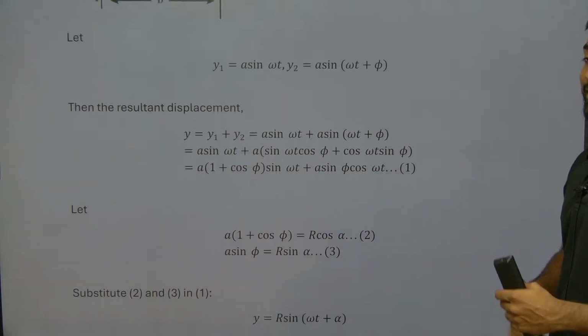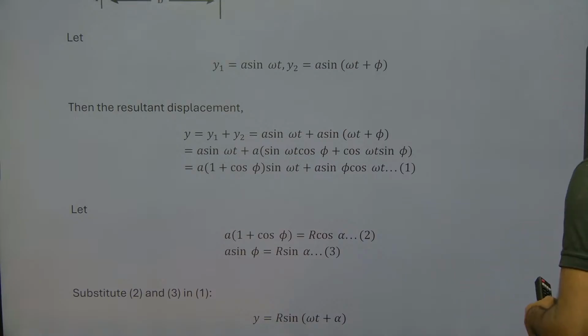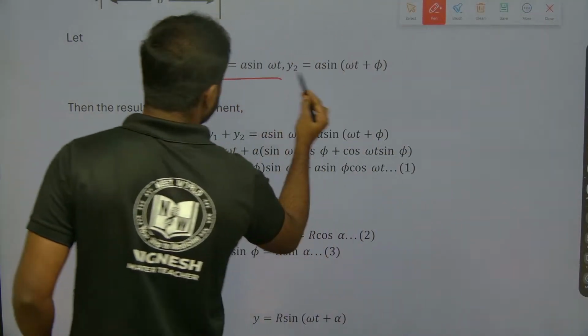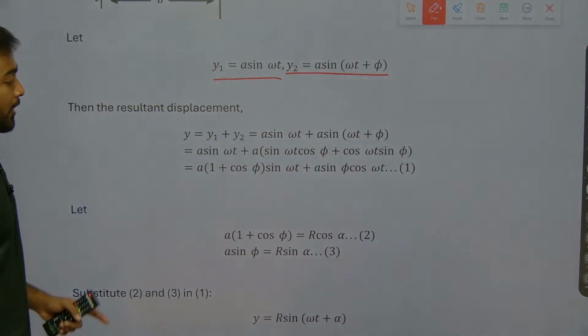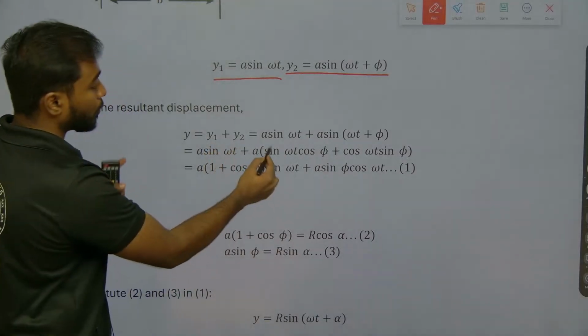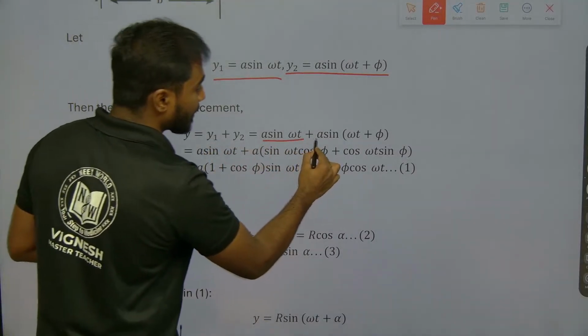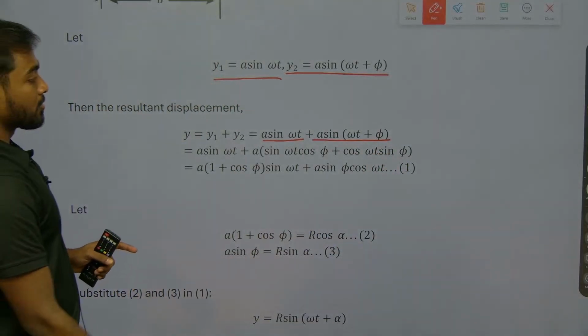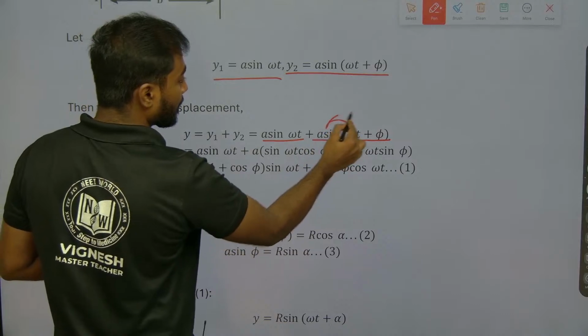So now the resultant will be the sum of both of them, so y1 plus y2 I should consider. Y1 plus y2 is a sin omega t plus a sin of omega t plus phi. This one we can expand.